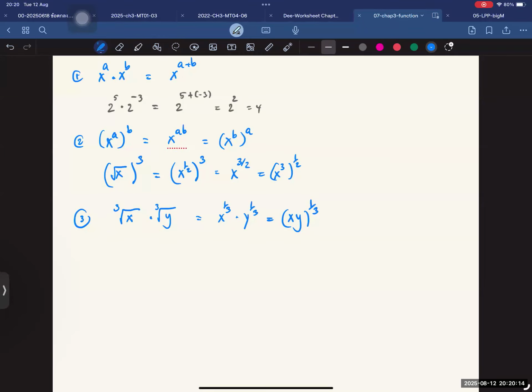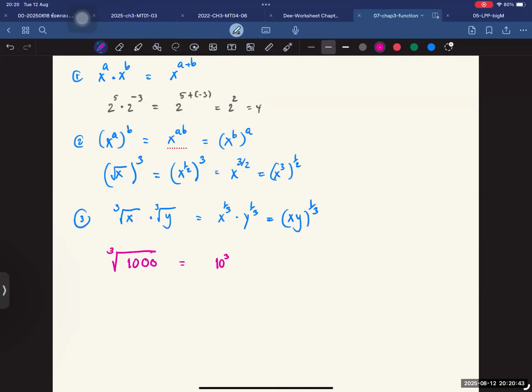Therefore, for example, if we have the cube root of 1,000, so this is like we have 10 to the power of 3, right?